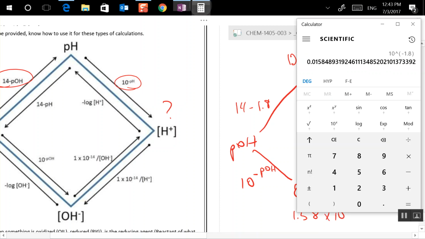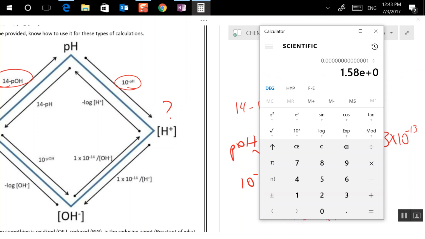And then to get to the H+, I would say 1 times 10 to the negative 14, which always goes on top, divided by 1.58 times 10 to the negative 2.